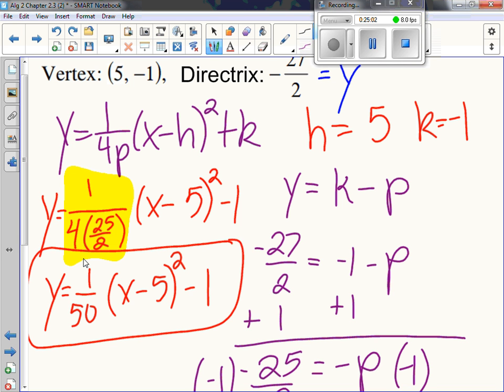Process-wise, this is maybe just a smidget harder than having the vertex and focus, because we had to multiply by negative 1 and do a few more steps. But it's not overly more difficult. Would y'all agree with that? Pretty much anybody you talk to says Algebra 2 is one of the hardest math classes you'll take in high school, yes?